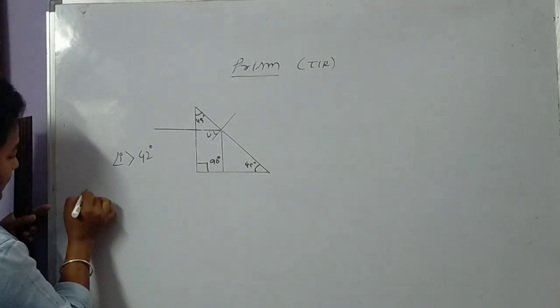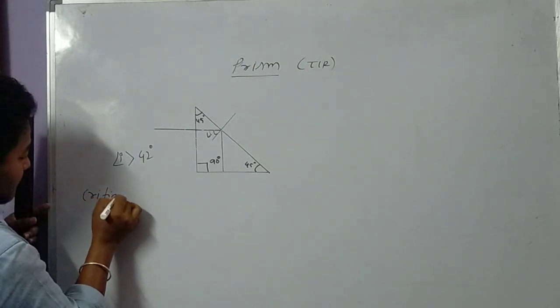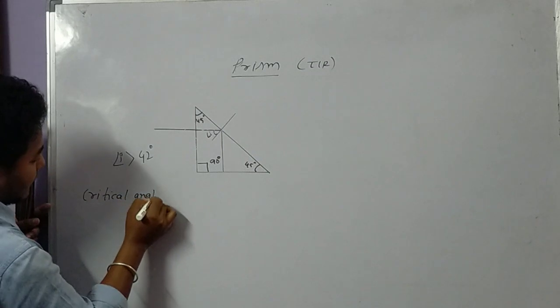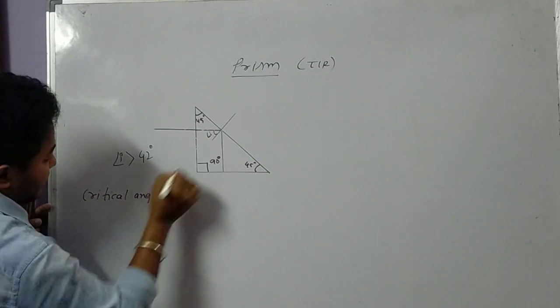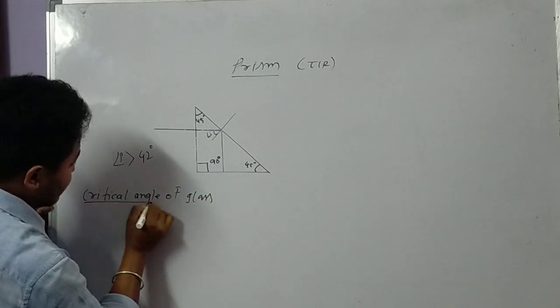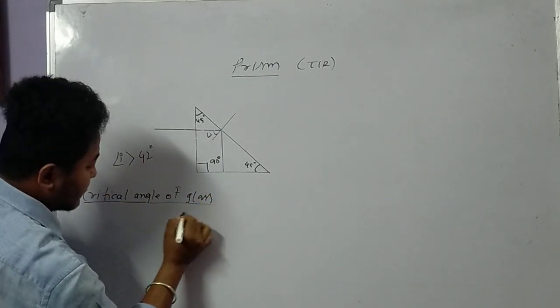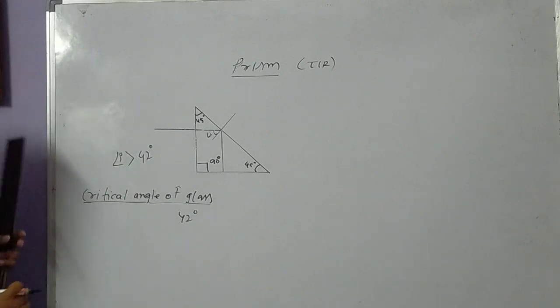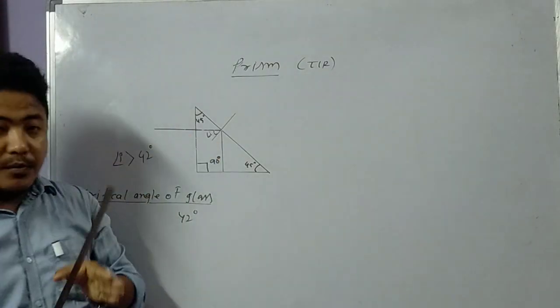The critical angle of this glass you can consider as 42 degrees, remember. Am I clear? The critical angle of this prism will be 42 degrees.